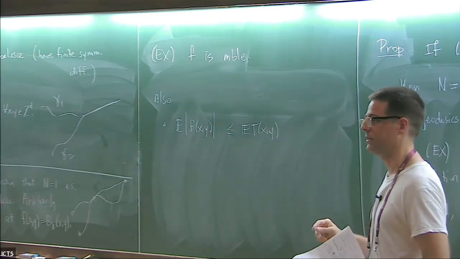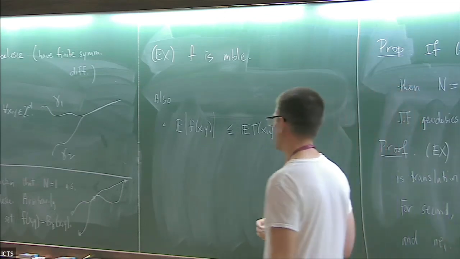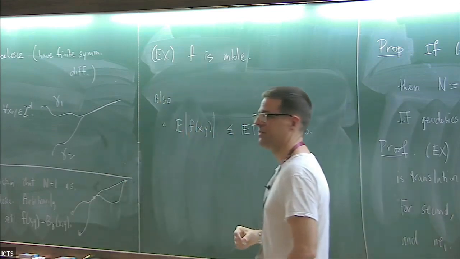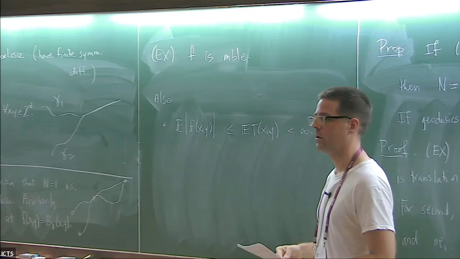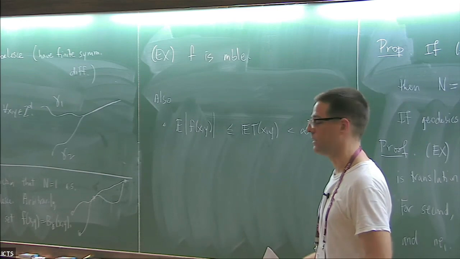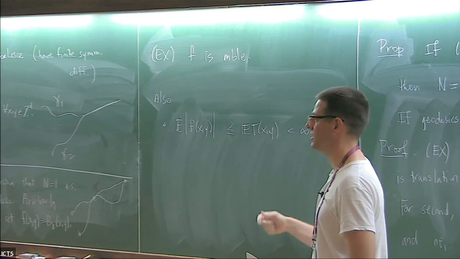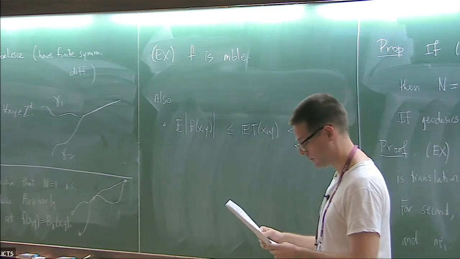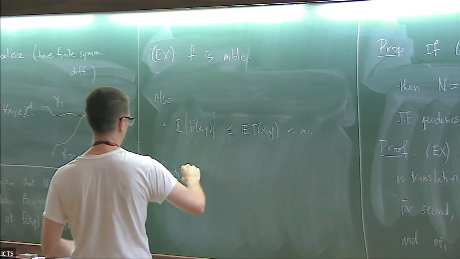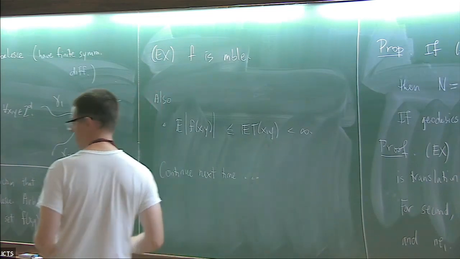We could just have the existence of the first moment of this variable from the first lecture. Anyway, because of that, we get that this is finite. So that means f has finite first moment. We're going to want to apply the ergodic theorem to f. So we need to know that f is measurable, very important, and that it has finite mean. Okay, so we will continue that next time. Okay, thanks.